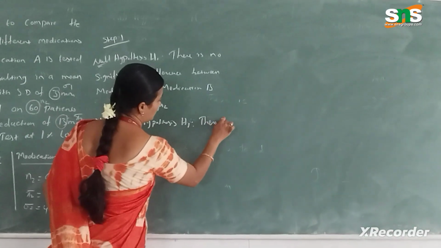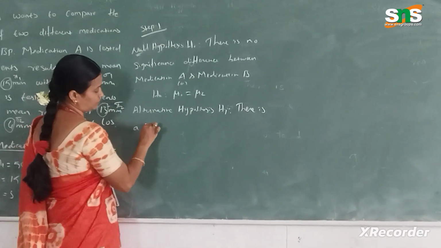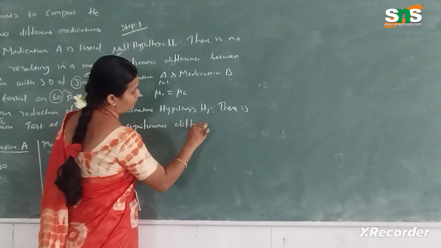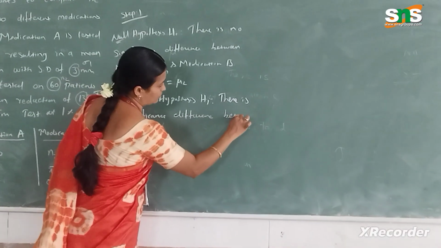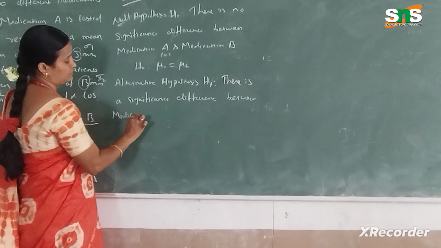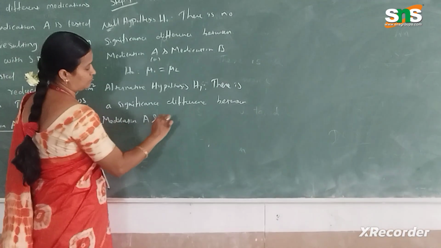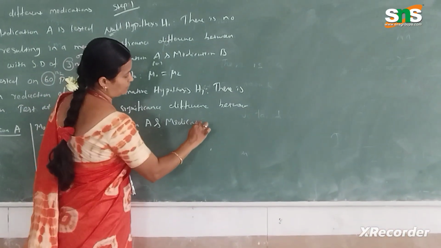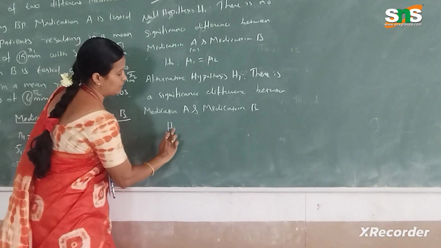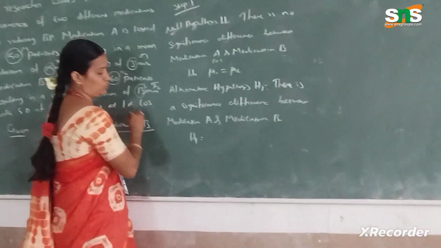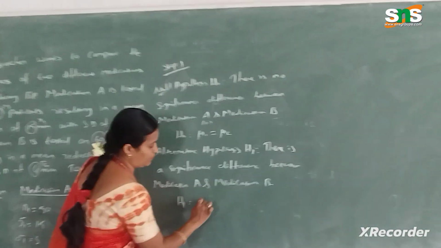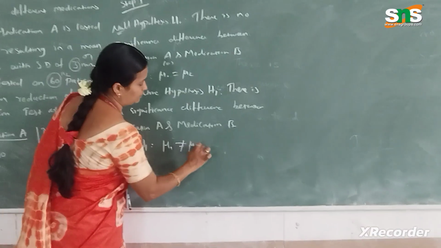Therefore, there is a significant difference between medication A and medication B. This is a two-tailed test because we have no comparison of direction between medication A and medication B. Therefore, mu1 is not equal to mu2.